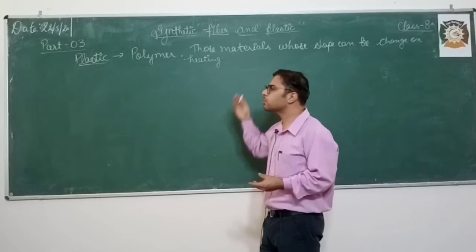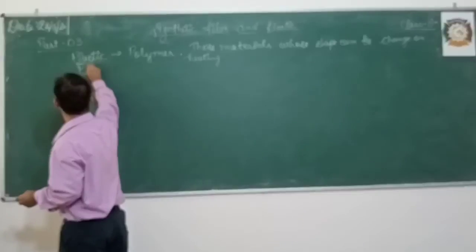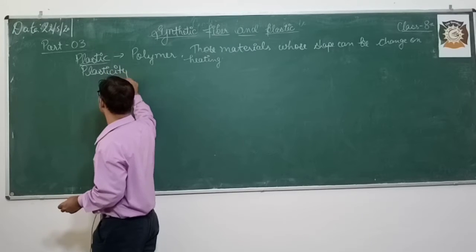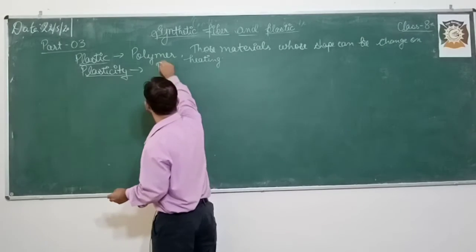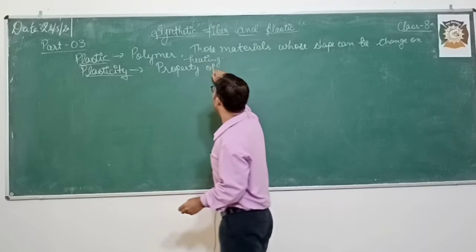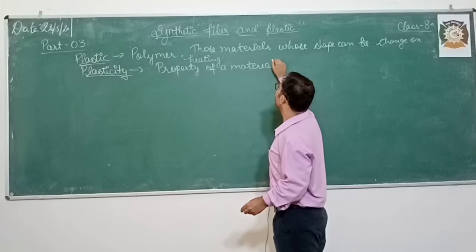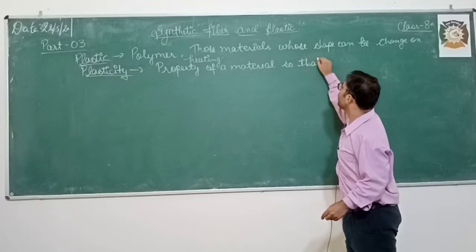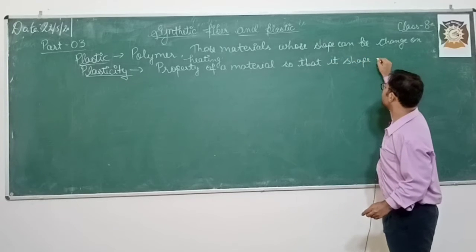Now this property is known as plasticity. So remember students, one more term that is referred to as plasticity. So what is plasticity? Plasticity is a property of a material so that its shape can be changed.